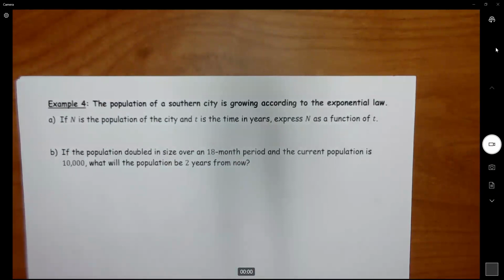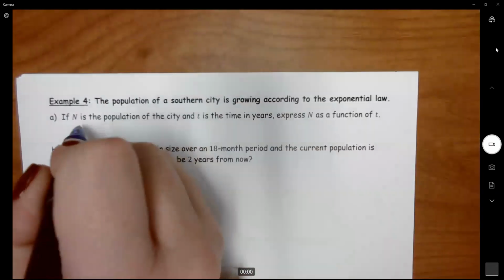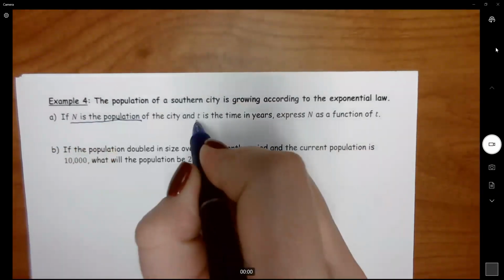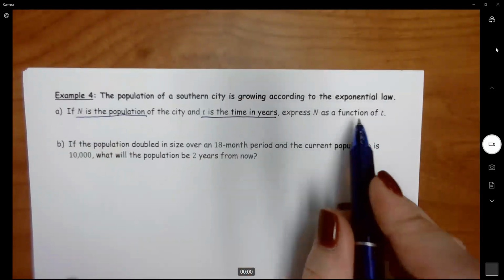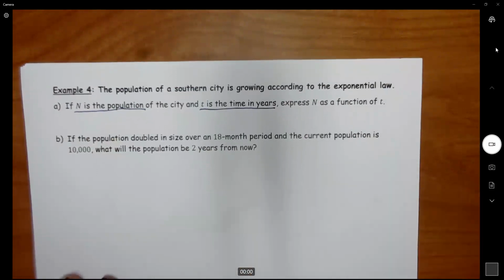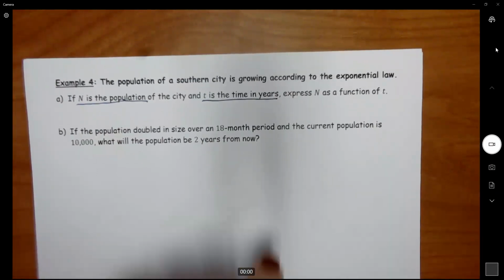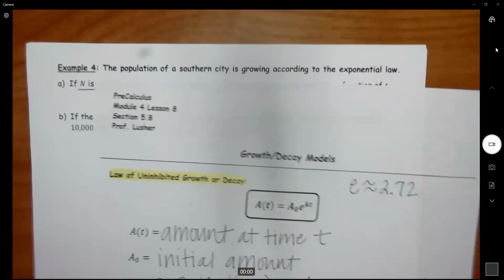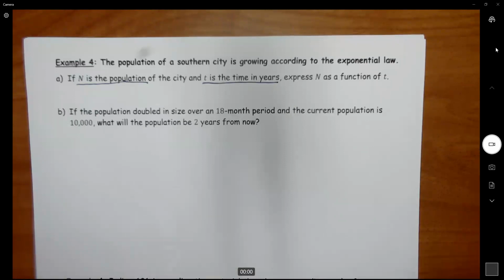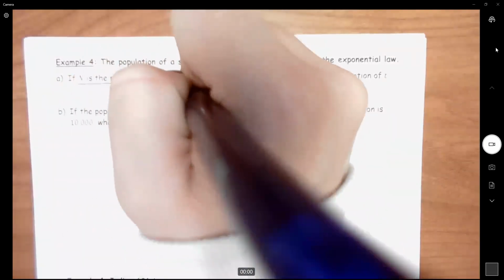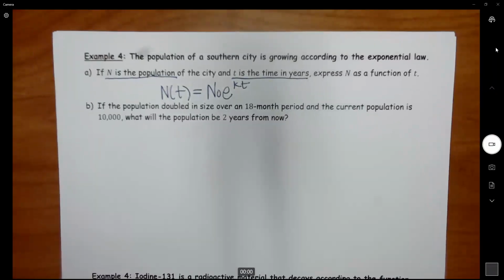If N is the population of the city and T is the time in years, again, express N as a function of T. Because it wants N expressed as a function of T, you are just rewriting this, but instead of A's, you're putting N's. So N of T equals N naught E to the KT power.